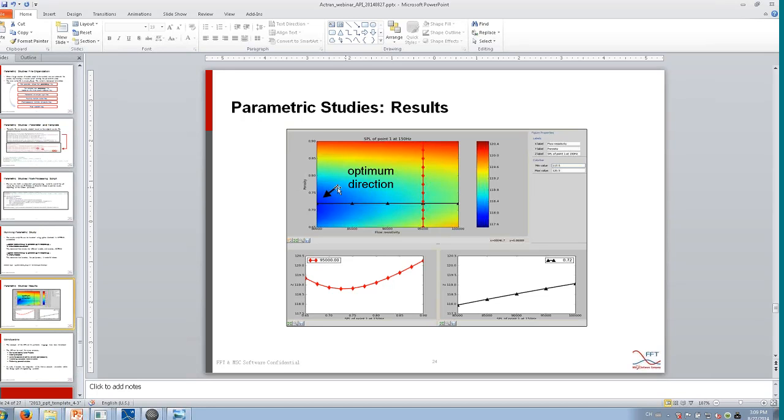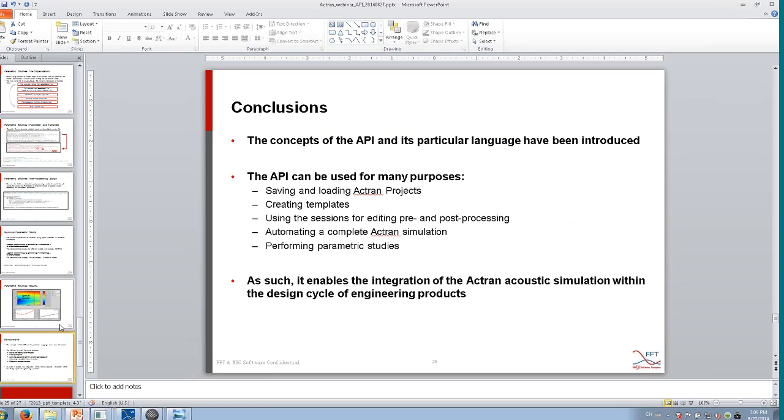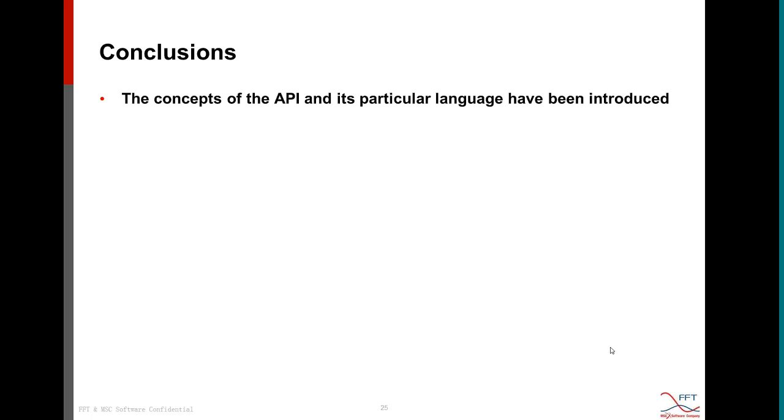And we can see that if blue color indicates a quieter location, the optimum direction in terms of optimization of the result will tend to move to this position, which is a certain combination of the foam porosity and the flow resistivity. So that will end my demonstration and presentation.